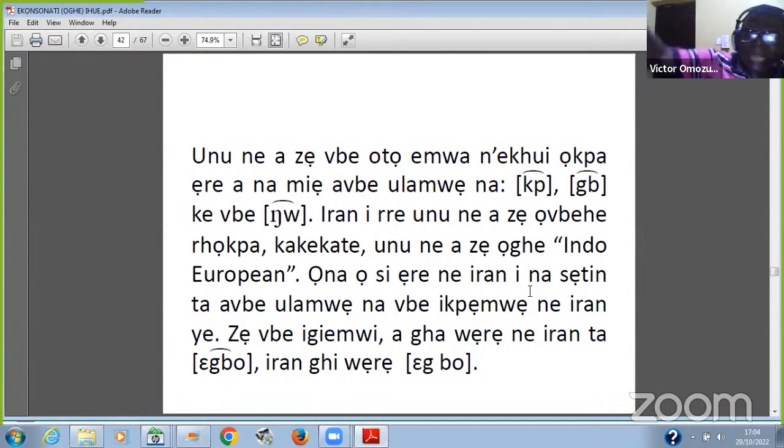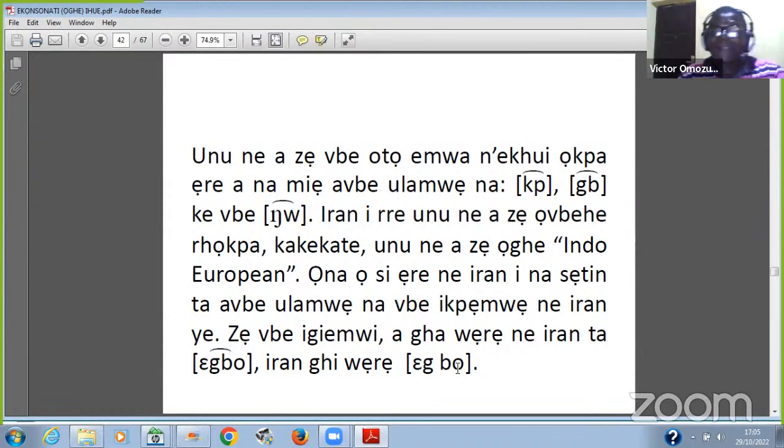Some of the Asian languages, like in Numia, the black community there, they have the B and the win. Okay? For instance, according to their syllable structure, this is the word egbo, and they will say egbo.